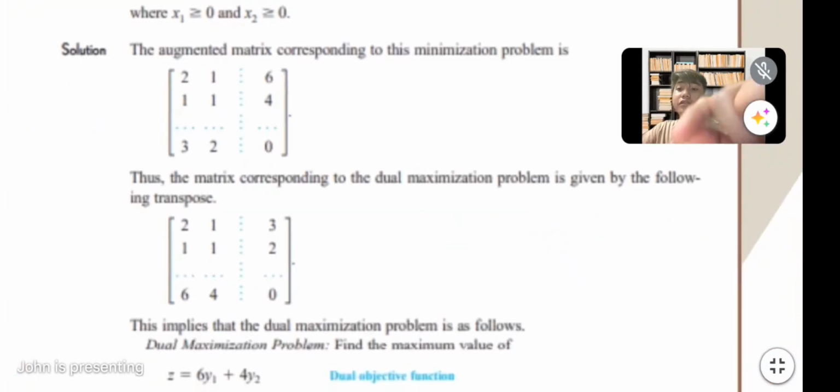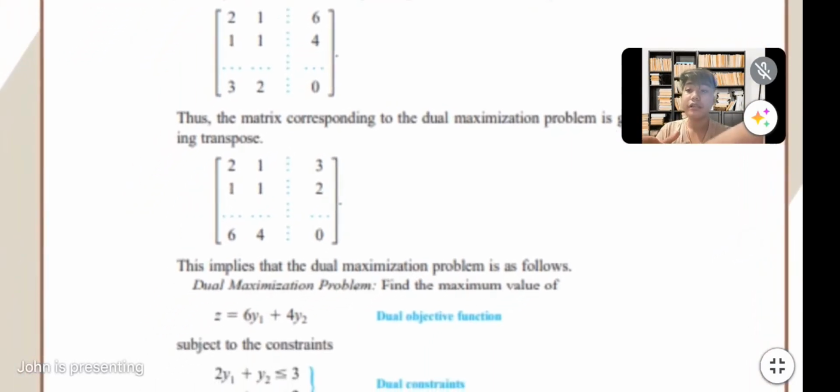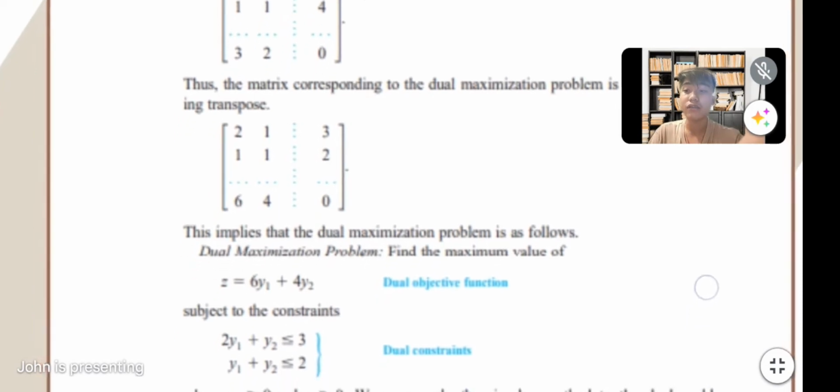Thus the matrix corresponding to the dual maximization problem is given by the following transpose. Then you transpose this in the table, which implies that the dual maximization problem is as follows.